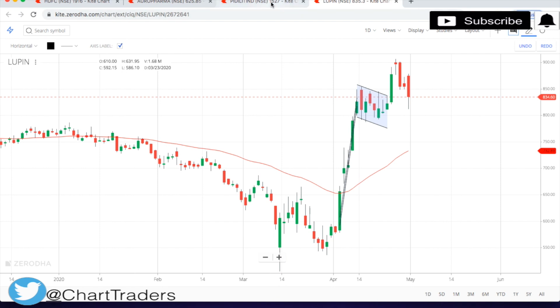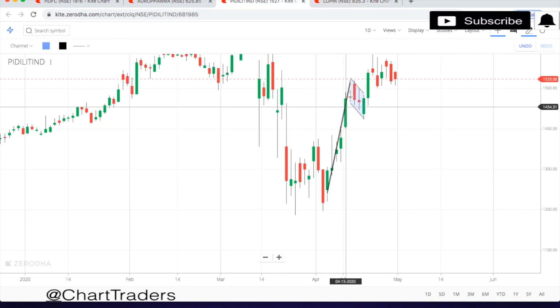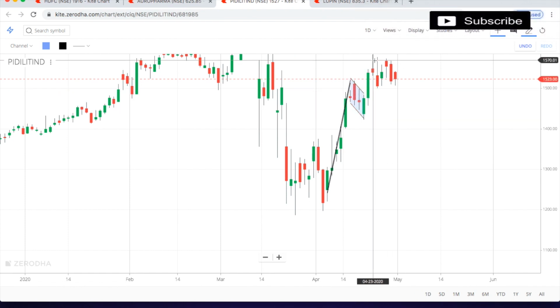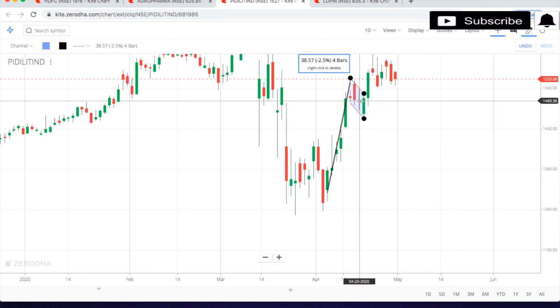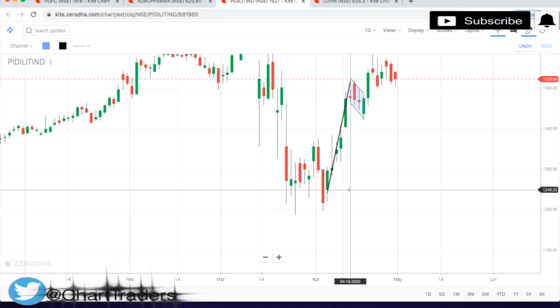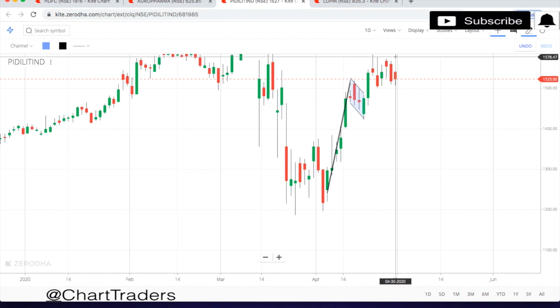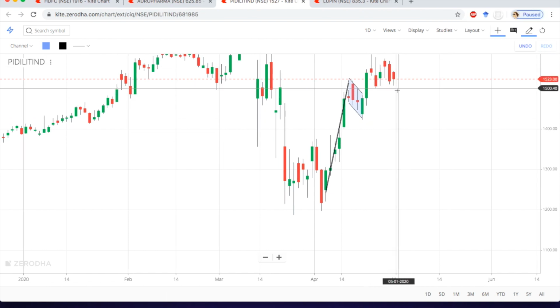In Pidilite also we have a flag pattern: a strong move up, then consolidation within a channel, breakout, and it continues. If you want to calculate the target on a daily basis, see what the pole size is, 1474 to 1,2, so around 200 points. From the breakout, around 200 points, that is 1700, is my target, but that is for investment, not intraday.